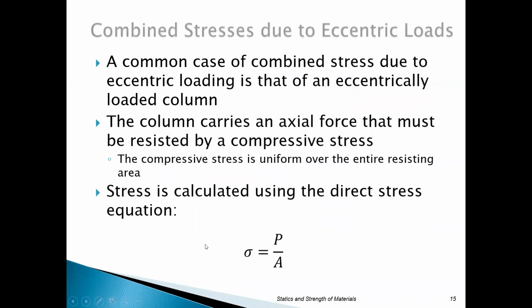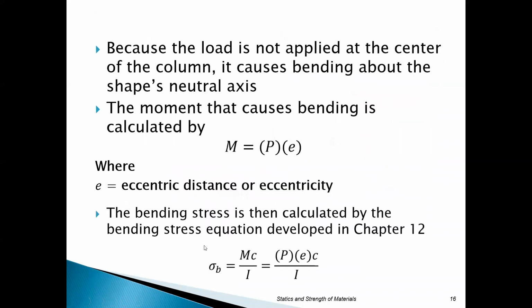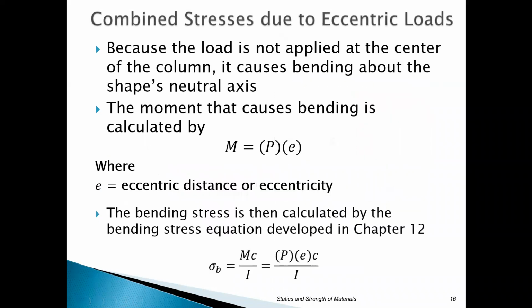So basically, you get this normal stress, which is just a very simple force divided by cross-sectional area. That's your normal stress. And then you're getting that moment, which is induced, that bending is your force times your eccentricity. And again, the biggest piece you have to look at is which way you think that moment is occurring.